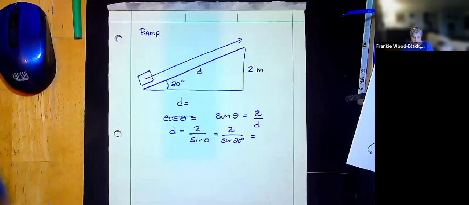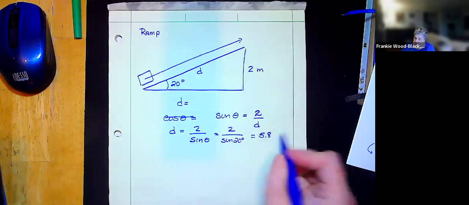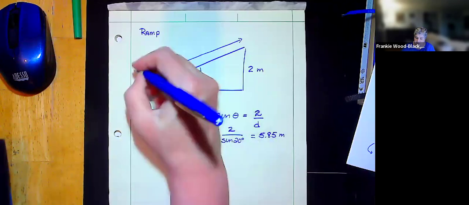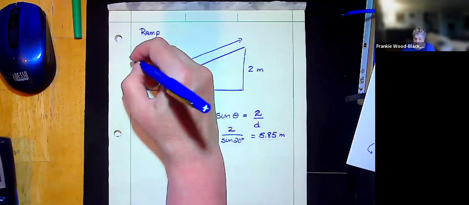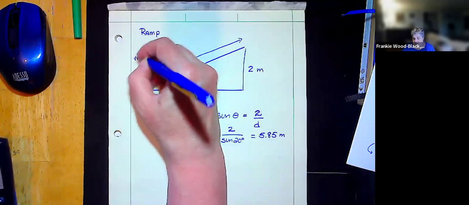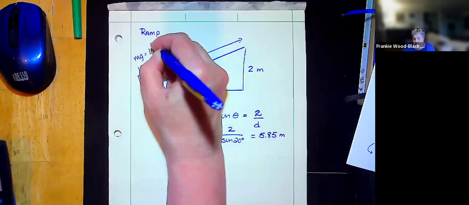So the distance that I'm going to move my block is going to be 5.85 meters.